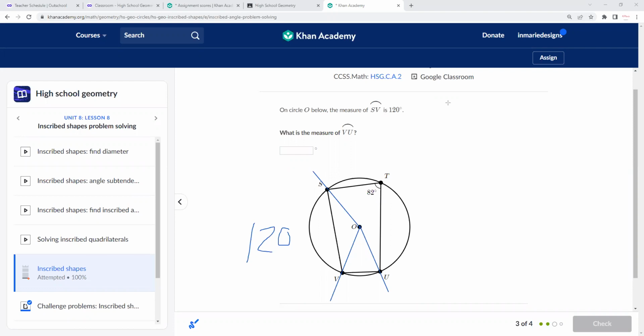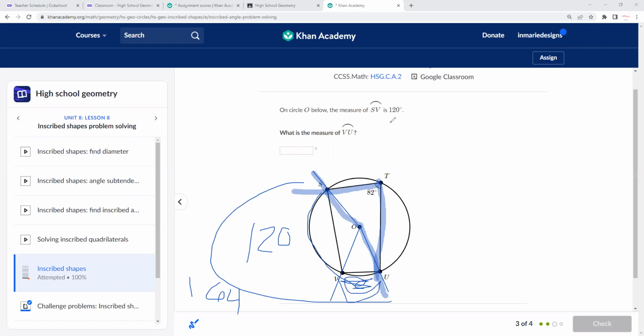Well, this angle here is a central angle, and this angle here is the inscribed angle. So that means that the bigger one is double that. So 82 times 2 is 164. So this whole thing is 164. And they told you that the little piece SV is 120. So 164 minus 120 gets you VU, this little piece that we're looking for here, which is 44 degrees.